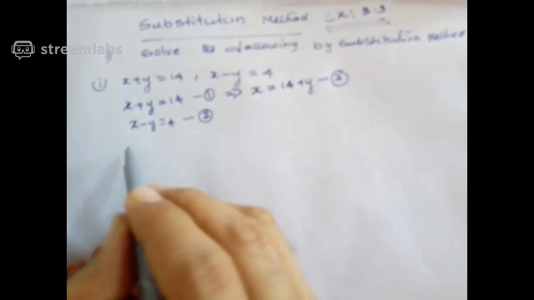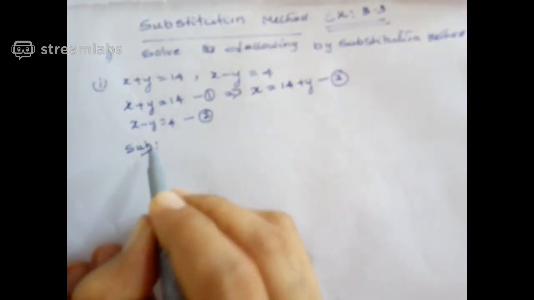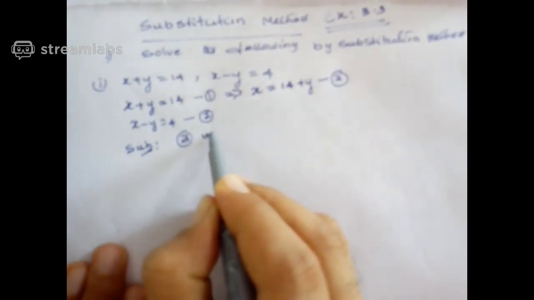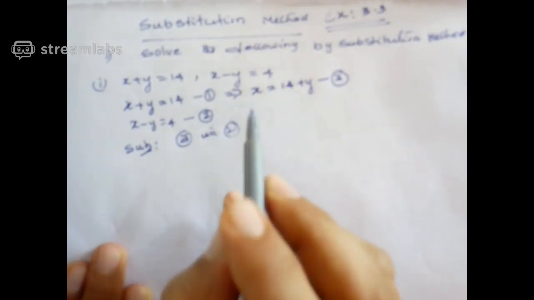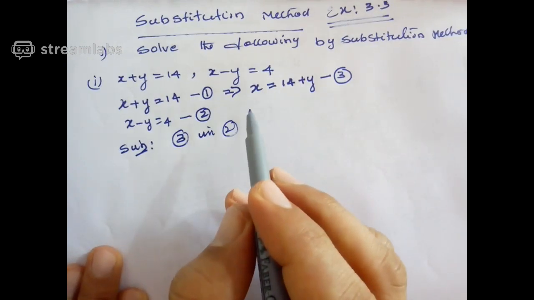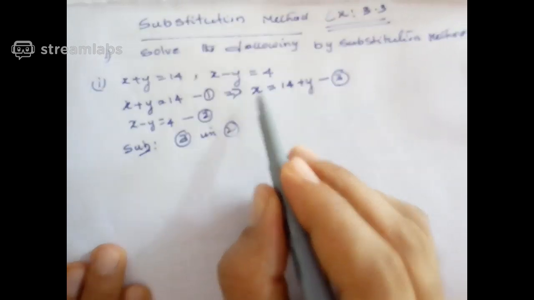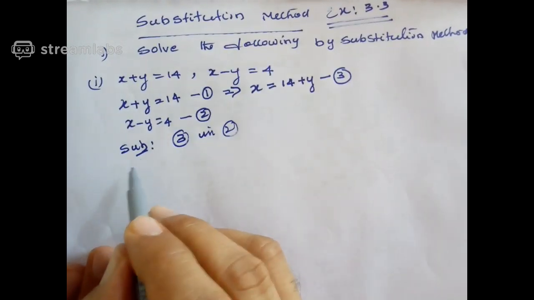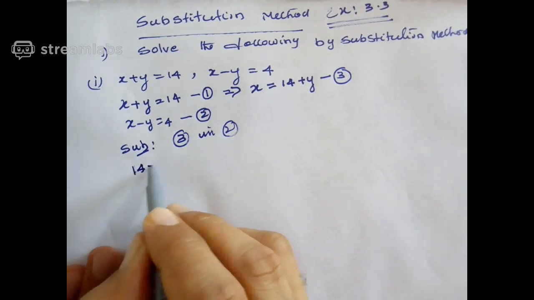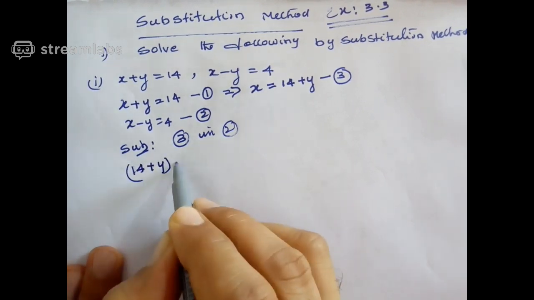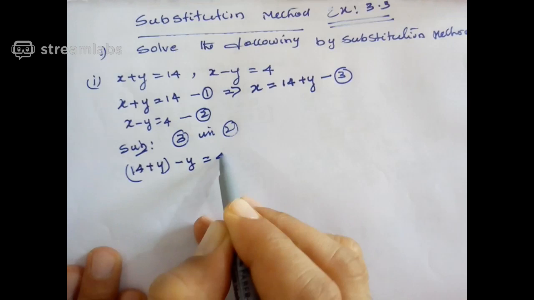Now what I have to do is substitute equation number 3 in 2 in the place of x. Substitute this value of x in the second equation, that is 14 minus y minus y is 4.